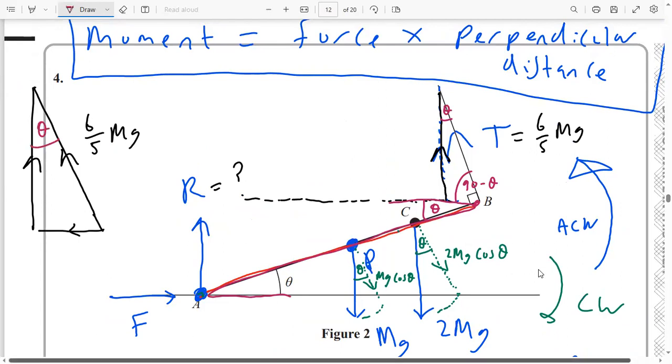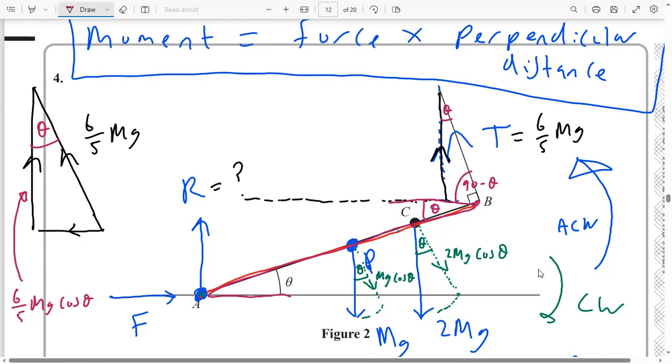So what would this adjacent component of the tension be, next to the theta? Remember, adjacent over hypotenuse is cos. Hypotenuse there is 6 over 5 mg. So this component here is going to be 6 over 5 mg cos theta.